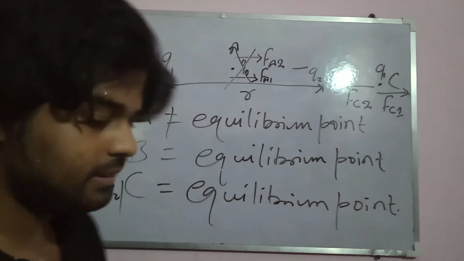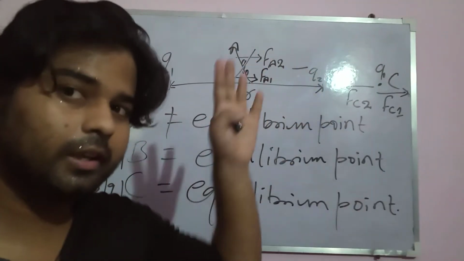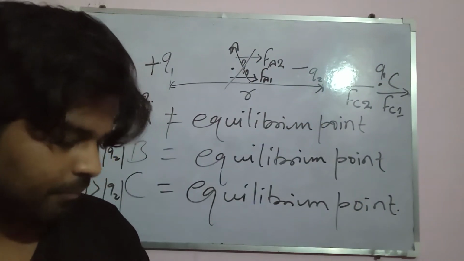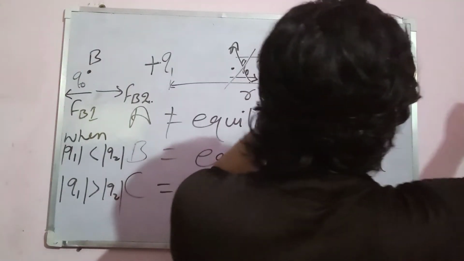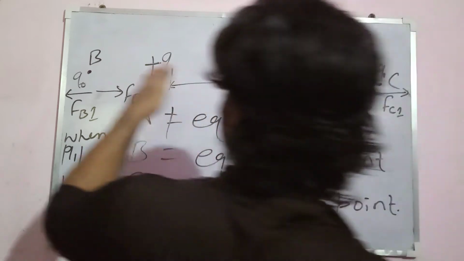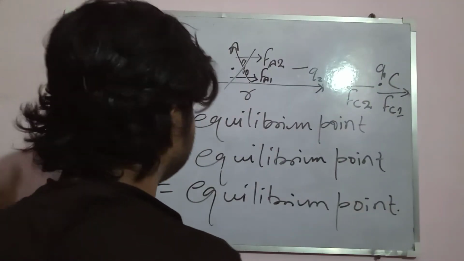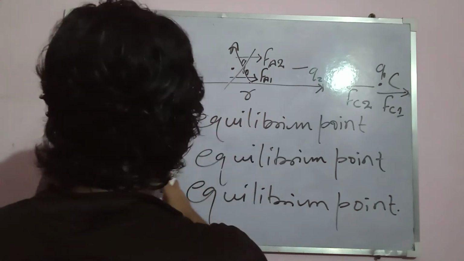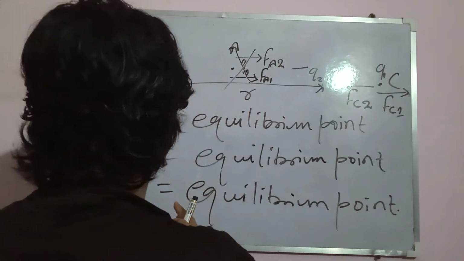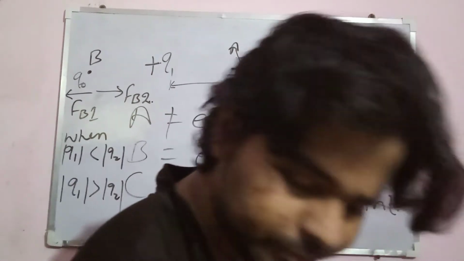You can get equilibrium points from here to infinity at each and every point when Q1 is smaller than Q2 in magnitude.